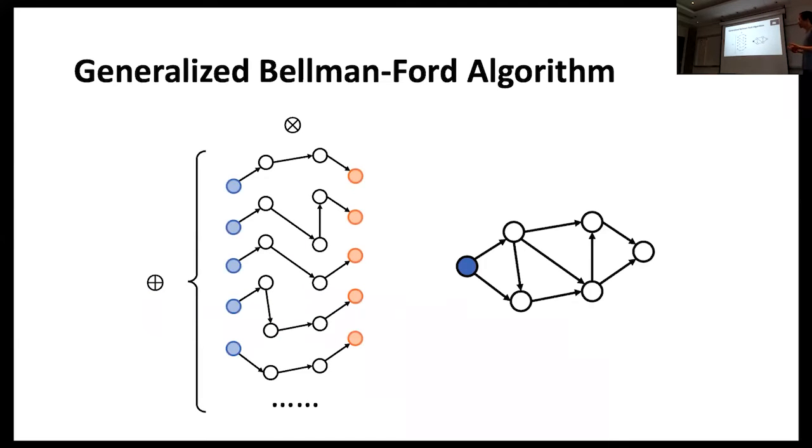So if we apply the idea of this distributive property iteratively for every step of the computation of the path, then what we arrive at is the generalized Bellman-Ford algorithm. At the first step of the algorithm, we initialize the boundary condition at the source node. You can just think of this as very similar to the Bellman-Ford algorithm: you initialize the source entity with 0 and every other entity with positive infinity. And then we perform a message passing step to reach the one-hop neighborhood, which covers all the prefixes of one-hop length.